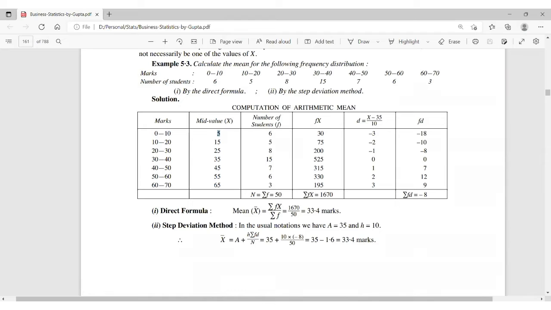Clear? Similarly, this is the first class. For the second class, 10 to 20, the midpoint is 15. Similarly, the third class and so on. These are the midpoints. Lower limit plus upper limit divided by 2. For example, in the first case, 0 plus 10.